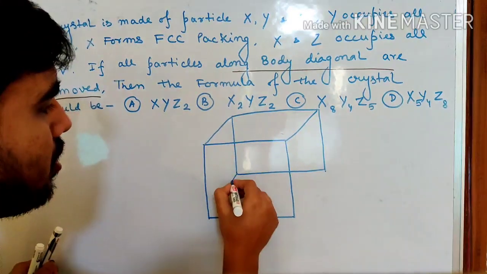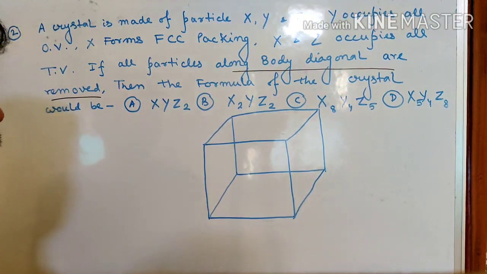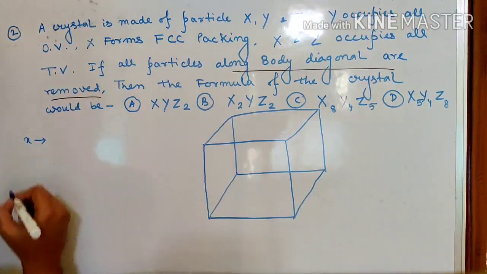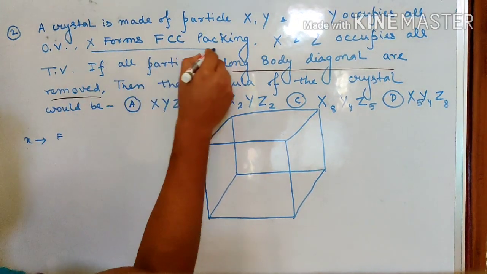So this is how the structure looks. X forms FCC packing.